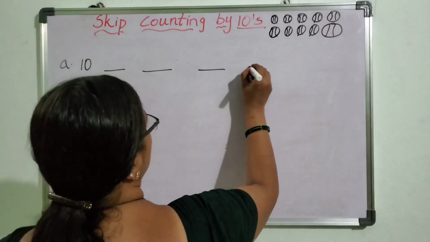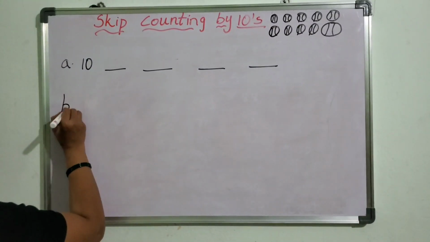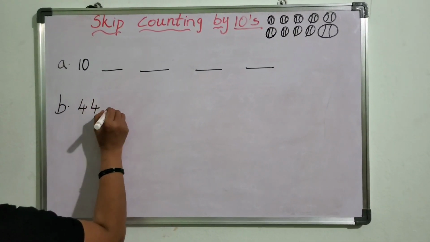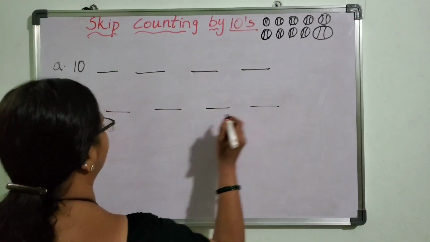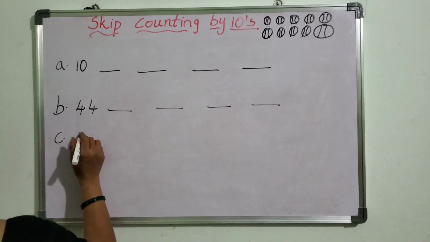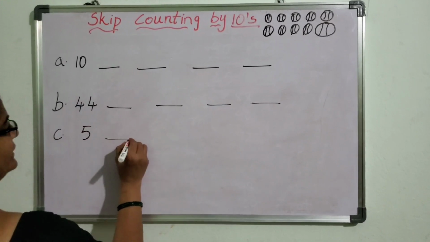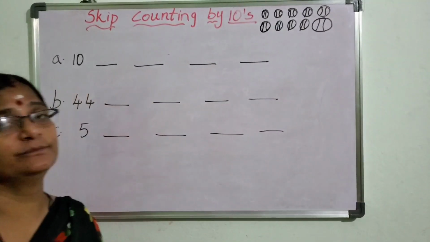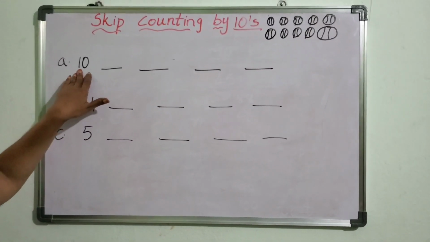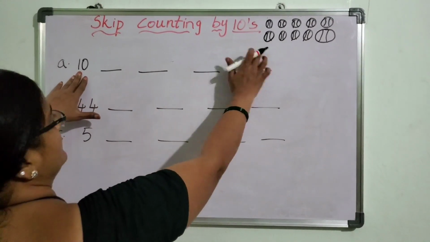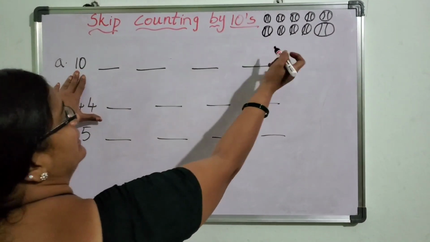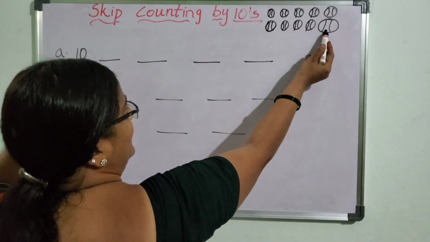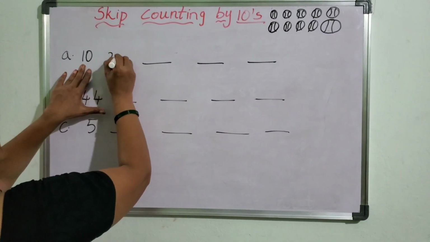Dash dash dash dash, 44, 5 dash. Now see here, you can count here, 10 finished, 11, 12, 13, 14, 15, 16, 17, 18, 19 and 20.